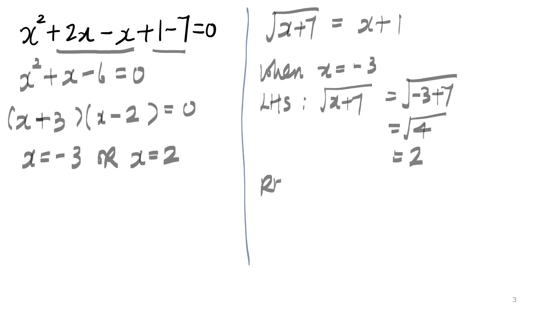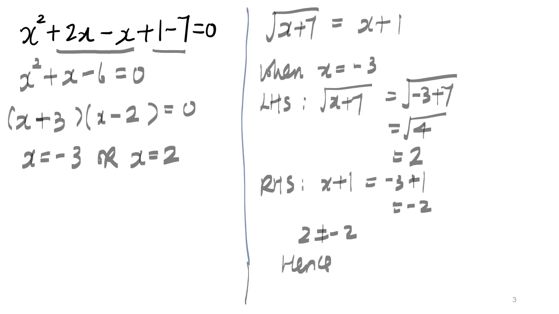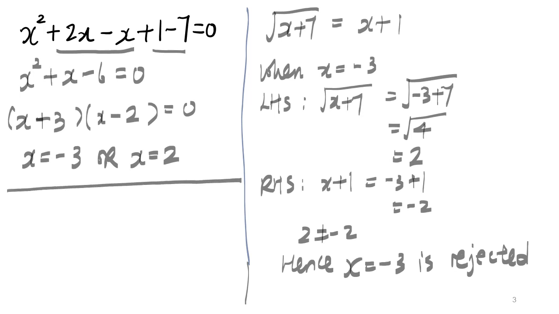And the right hand side, it's x plus 1, which is negative 3 plus 1, gives you negative 2. So can you see that 2 is not equal to negative 2? Hence, x equals negative 3 is rejected.